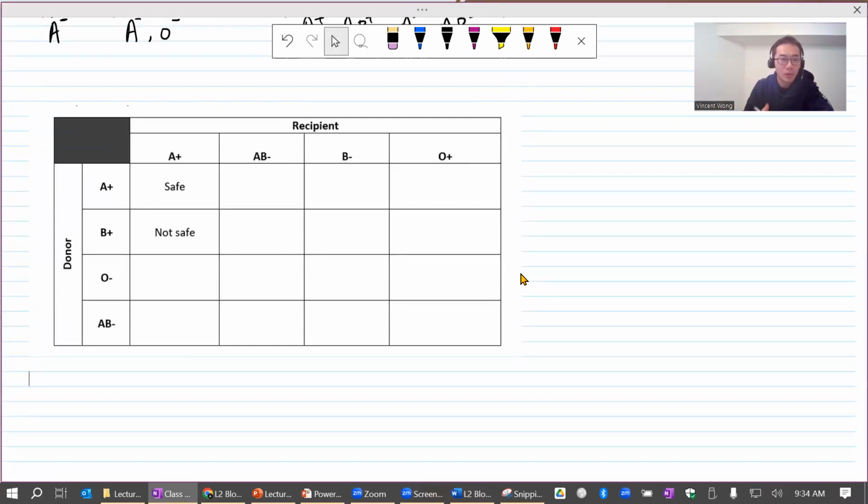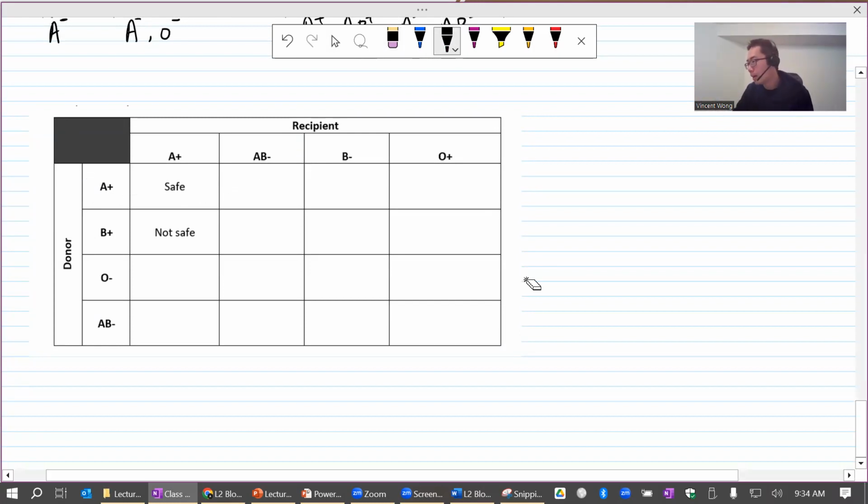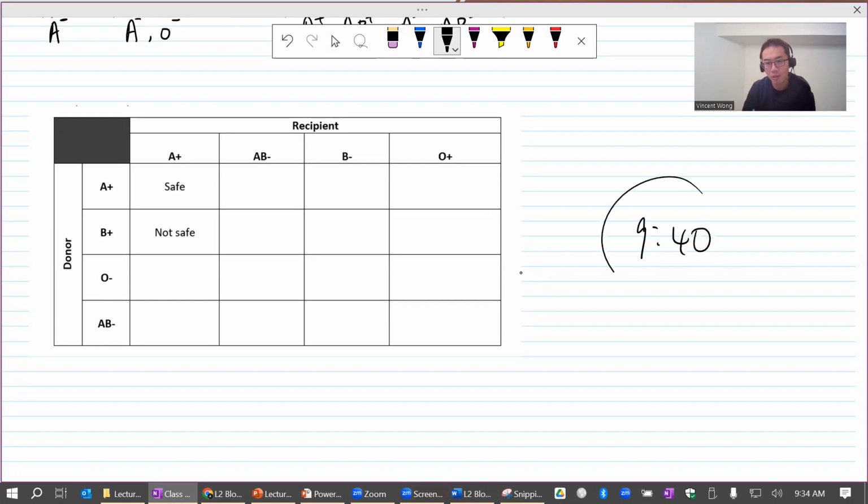These are the donors on the left side, and these are the recipients. Can you take this blood and give it to this person? Safe or not safe, right? Why don't we come back at 9:40-ish? Okay, see you in a bit.